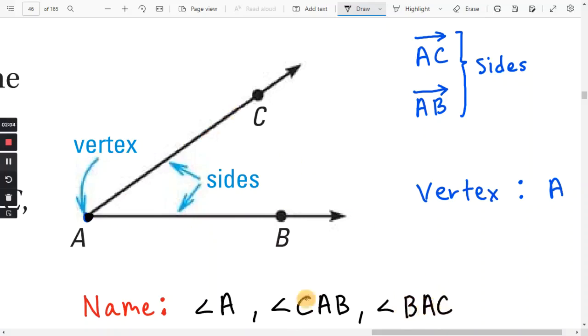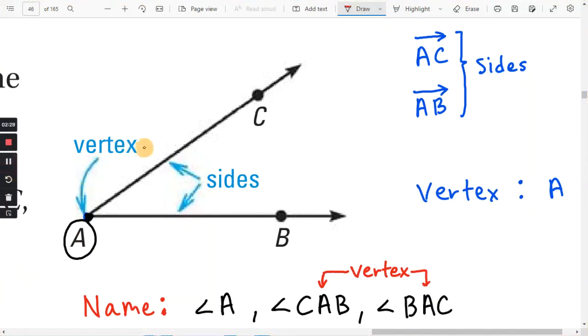So any of those would work if you wanted to name this angle, but if you use three letters, you want to make sure the vertex letter is in the middle. So if you use three letters, the letter in the middle has to be the vertex.